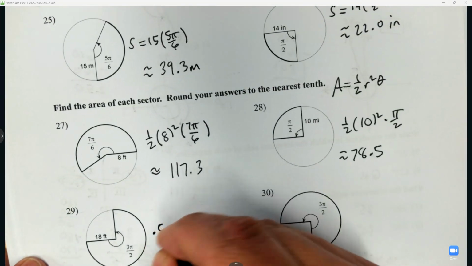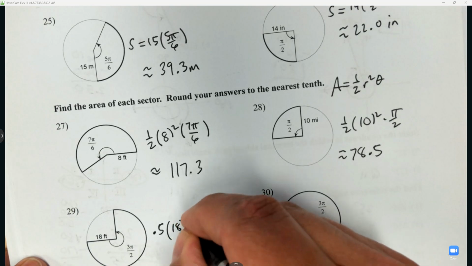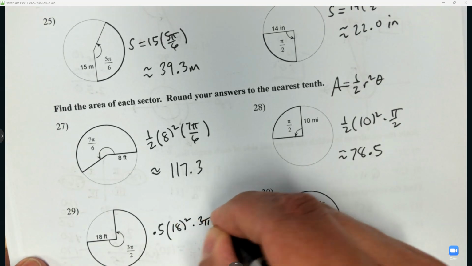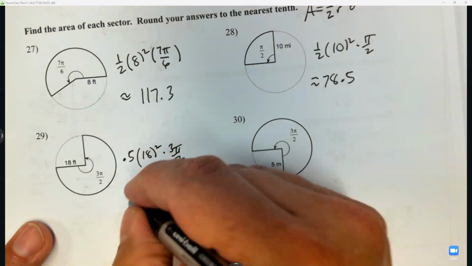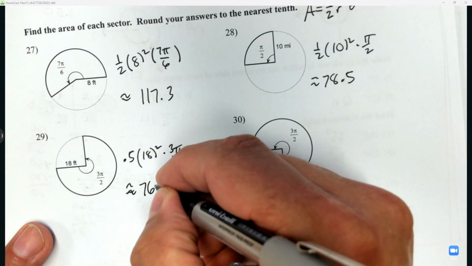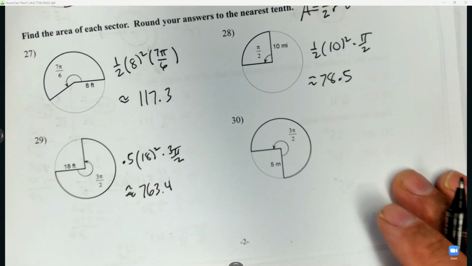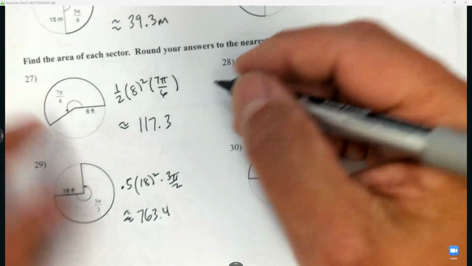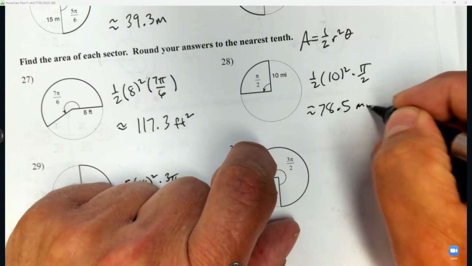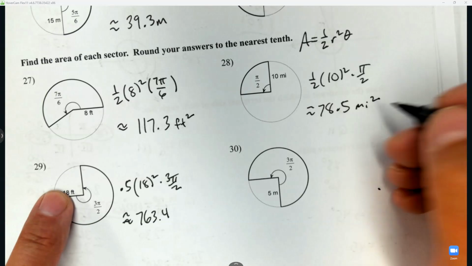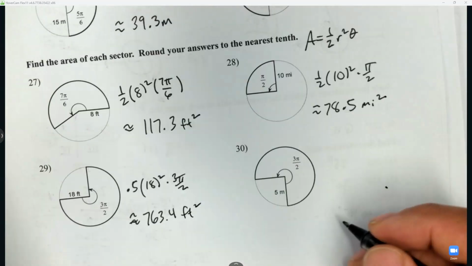So what I'm typing into the calculator, I'm writing that down first and then the answer. If you write down only the answer, you know you're not getting any credit. And again, we have units, right? So the first one should be feet squared for area. That's miles squared. This is still feet again, squared for area.